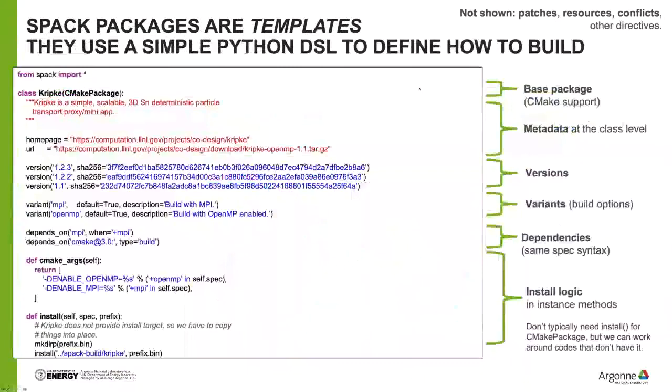Now, from the viewpoint of a packager, you have to tell Spack what your software project needs, and the way that this is done is through what's called a package.py file. In this example, we're just declaring a base package, and we're saying that it's going to inherit from a CMake package.